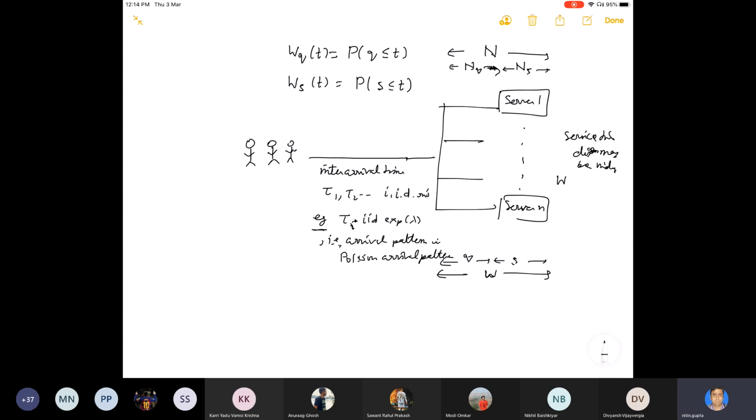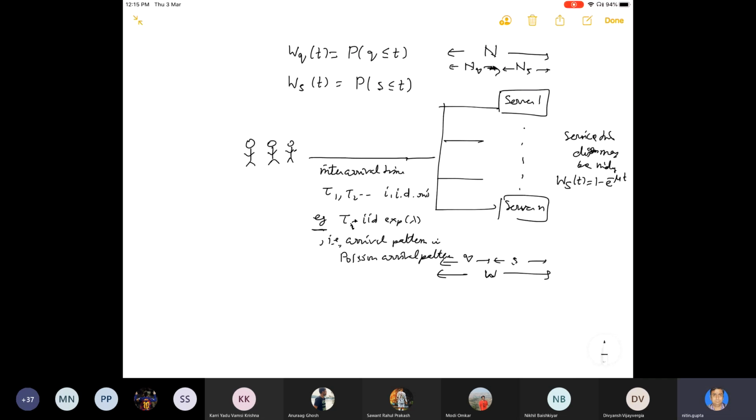That means WS(t), that is the CDF, is 1 minus e raised to power minus mu t. Let Ti be the time spent by server i for completing service.